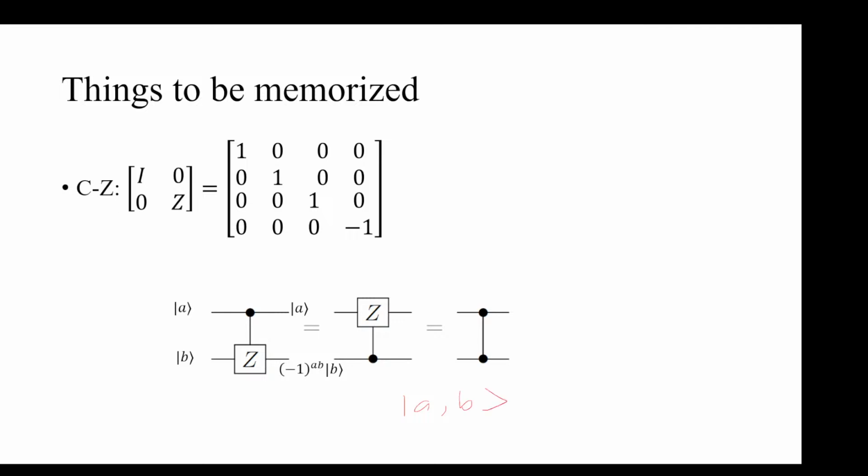So AB as input, then the output will be still AB, but with a phase of (-1) to the AB, A times B. So here AB means A times B, and it equals 1 if and only if both A and B equal 1. Okay, so you see that this result is very symmetric between A and B. Yeah. And so that's the control Z gate.